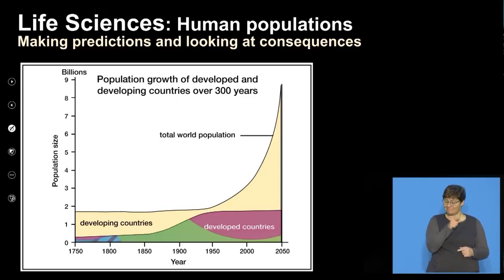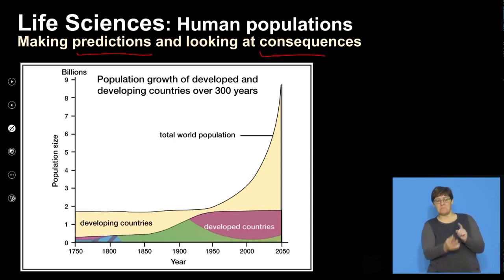This is a very interesting graph that will help us make predictions and look at consequences in terms of comparing the population growth of developed and developing countries over the last 300 years. And we see that developed countries, we see that there is an increase.